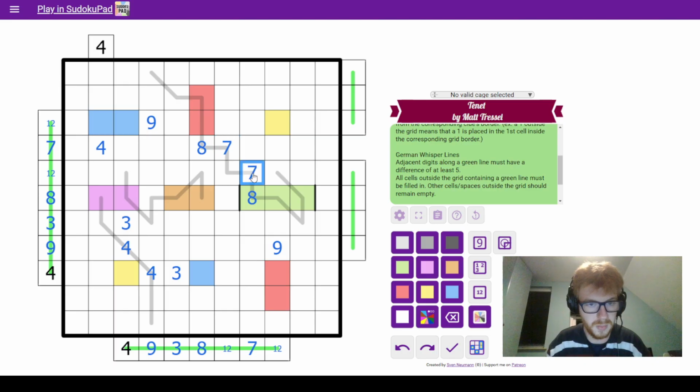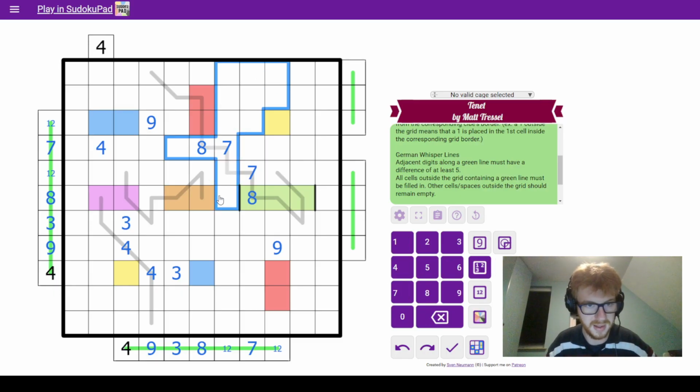That does mean, well, we knew these were in different, well, this now cannot be yellow, but this could still be yellow, right? If this works. Does that work?